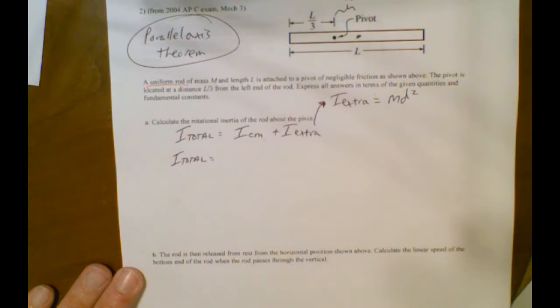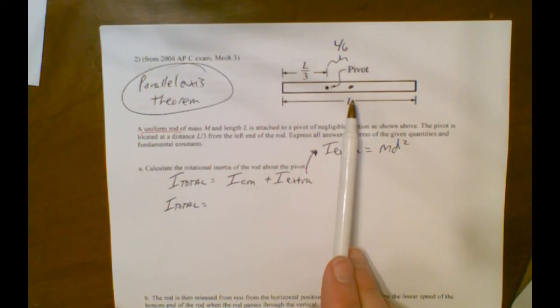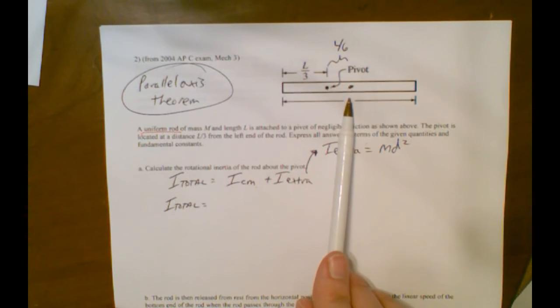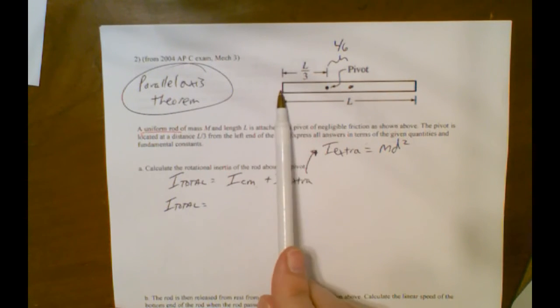Now, you might not know that off the top of your head, and many times what the AP will do is they'll give you some things like that. Notice they didn't give you that here. So this year, I would have that table written down or have your book open to where you have all those different shapes. At one point, the AP actually did ask you, it basically told you that the moment of inertia of a solid rod rotated about its center was 1/12 ml squared, and to use the parallel axis theorem to derive the moment of inertia about the left end here.